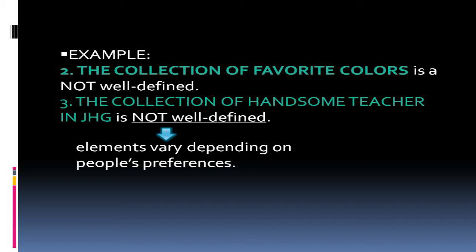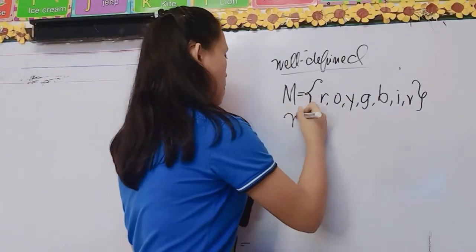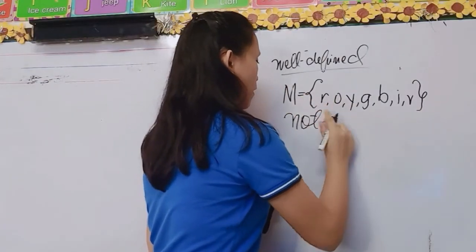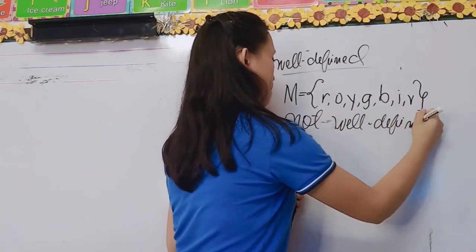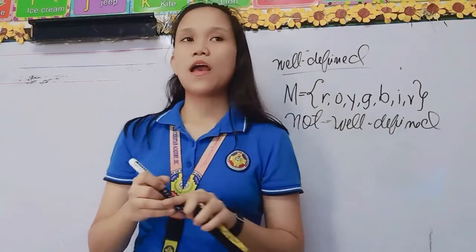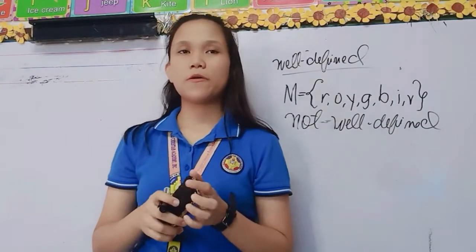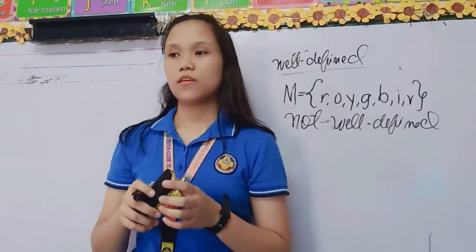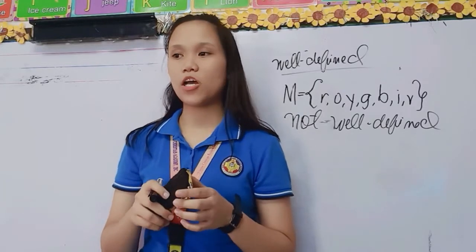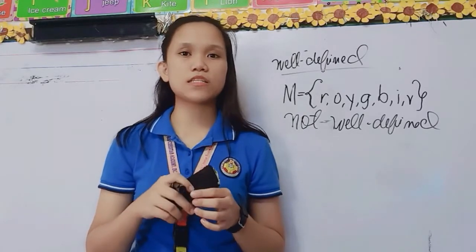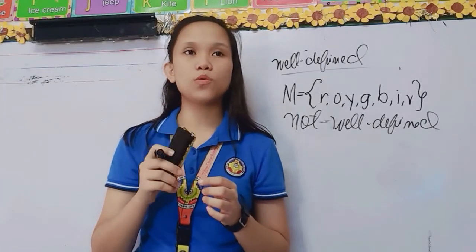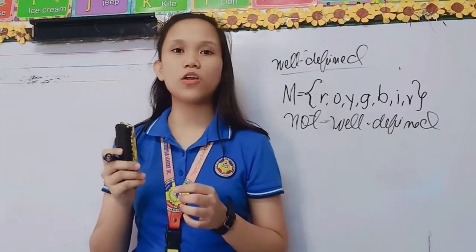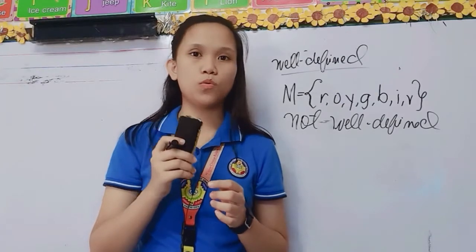When we say a set is not well-defined, meaning to say, elements vary depending on the people's preferences. Your favorite color, for example, is blue, and your classmate's favorite color may not be blue.